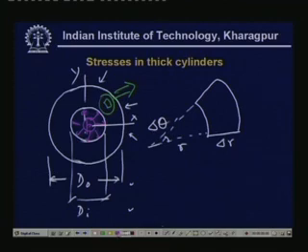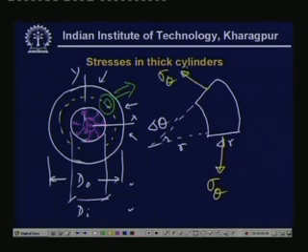Now here there will be sigma theta, and remember this is an axially symmetric problem. So the sigma theta will be the same throughout the circumference. So here also we will have sigma theta, the stress.